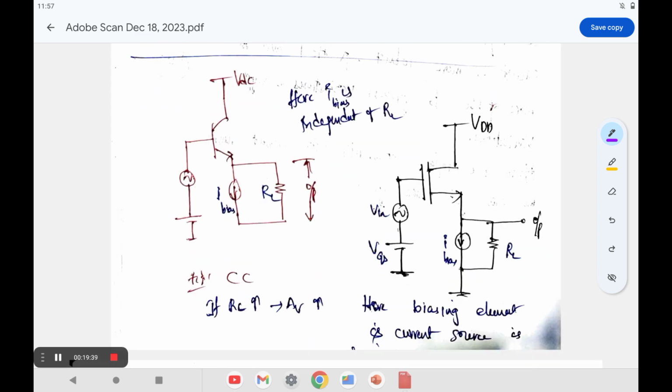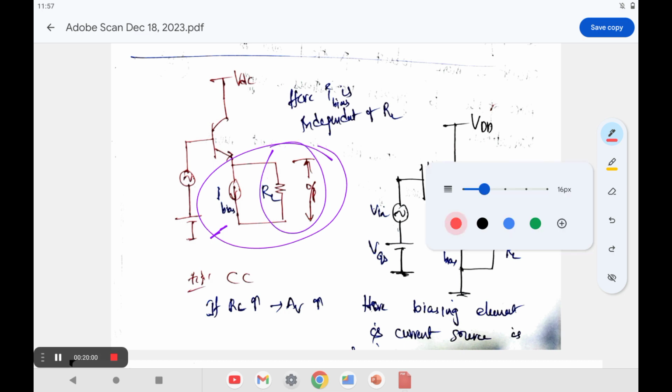Now if you go to the common collector case, there is a situation here. This is the I bias current and the RL value. Here this biasing current is independent of the RL value, so it does not depend on RL to produce the output. That's great actually, it is not a problem.